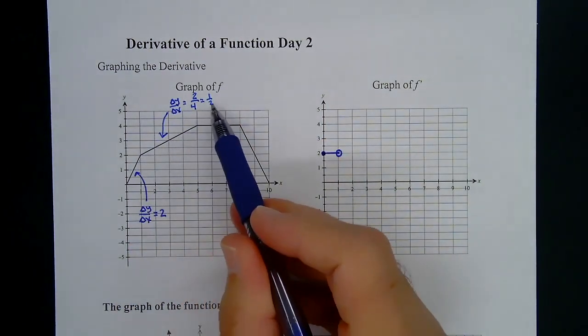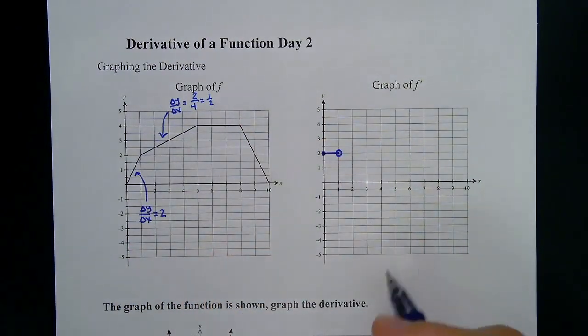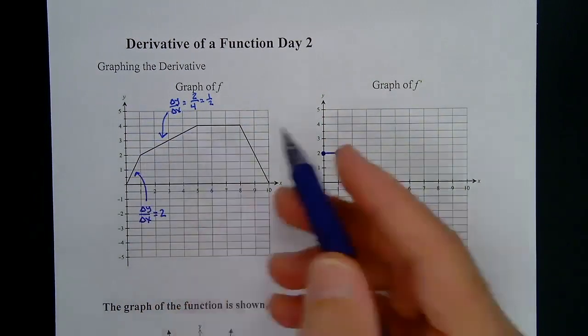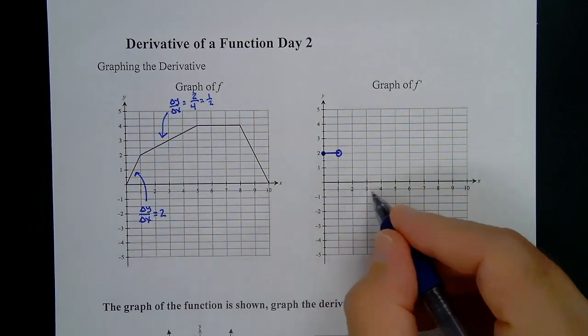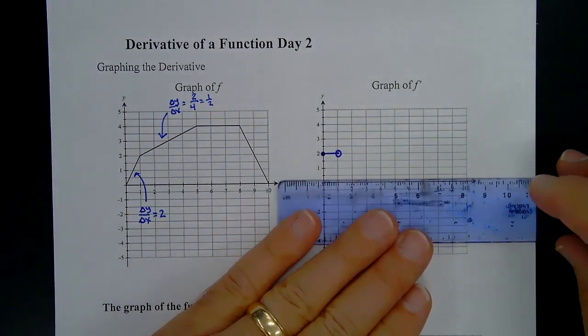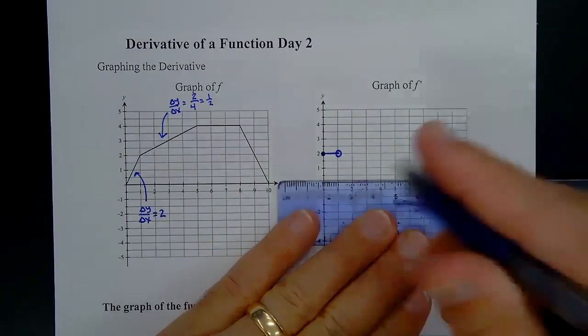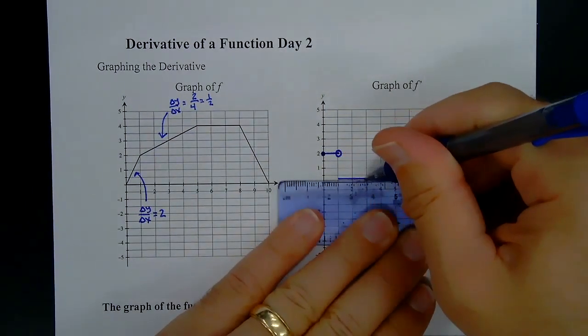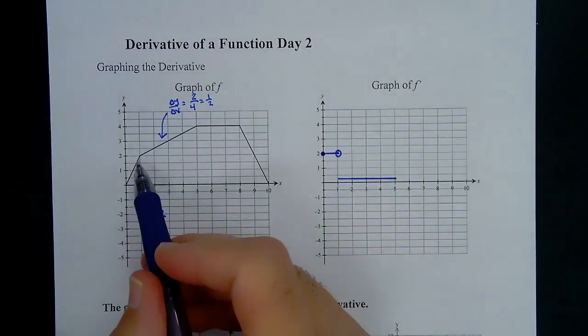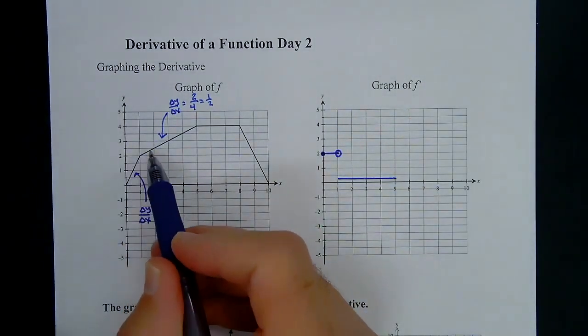This is going up, so my slope should be positive. So this is 1/2, and it's 1/2 between 1 and 5, and it's always going to be that constant. So it's going to be somewhere right about in here. So 1 to 5.